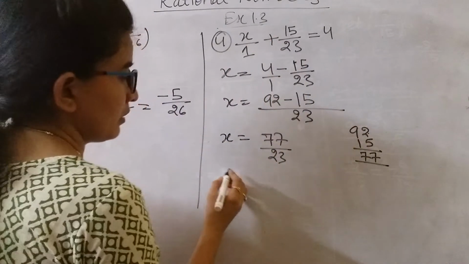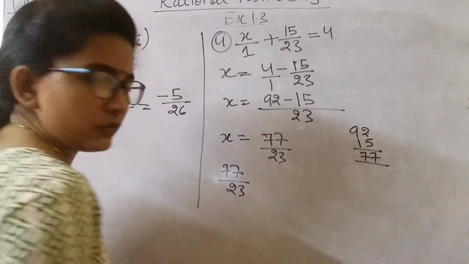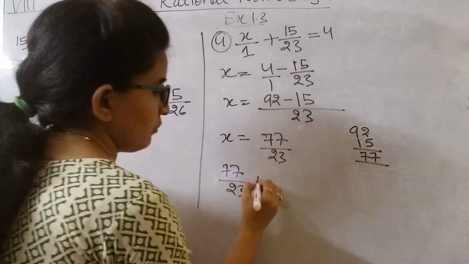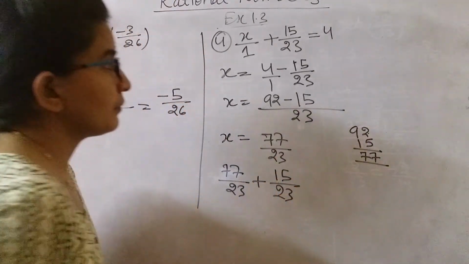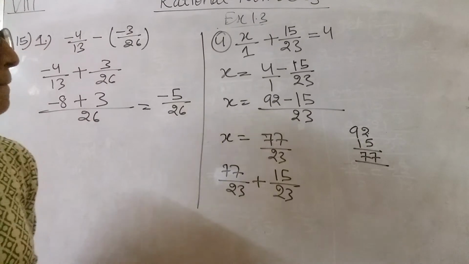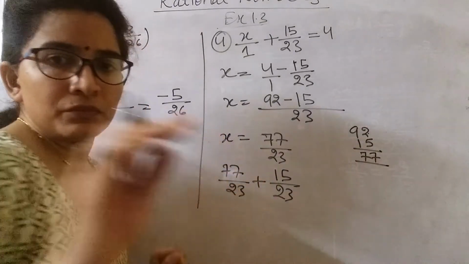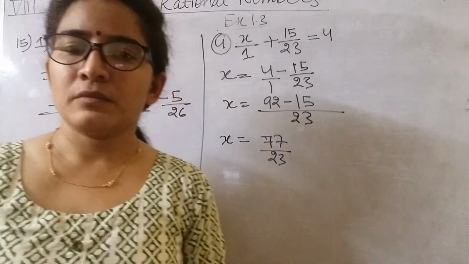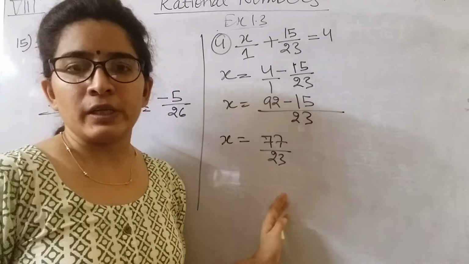Now we can check it. The value of x is 77 upon 23 plus we have 15 upon 23. So the value of x will be 77 upon 23.